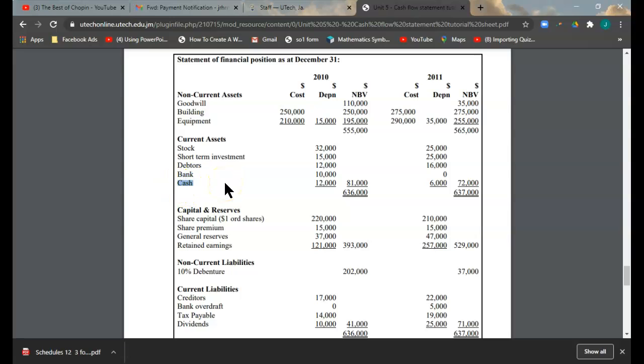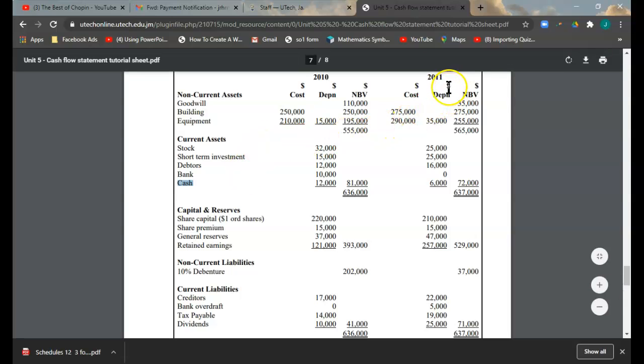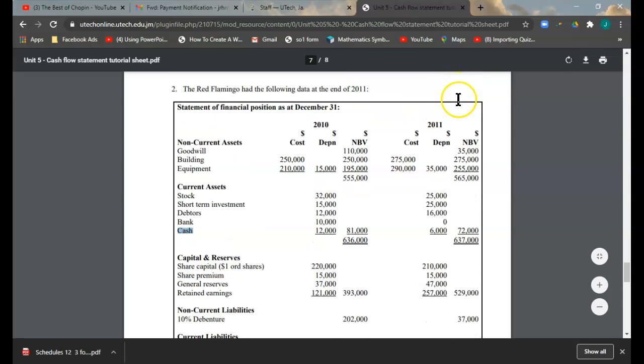Now, one of the things that you have to appreciate in terms of the concept of creating these cash flow statements is to recognize that if we are doing financials or cash flow statements for 2011, this will constitute the closing position for that financial year, December 31st, 2011.